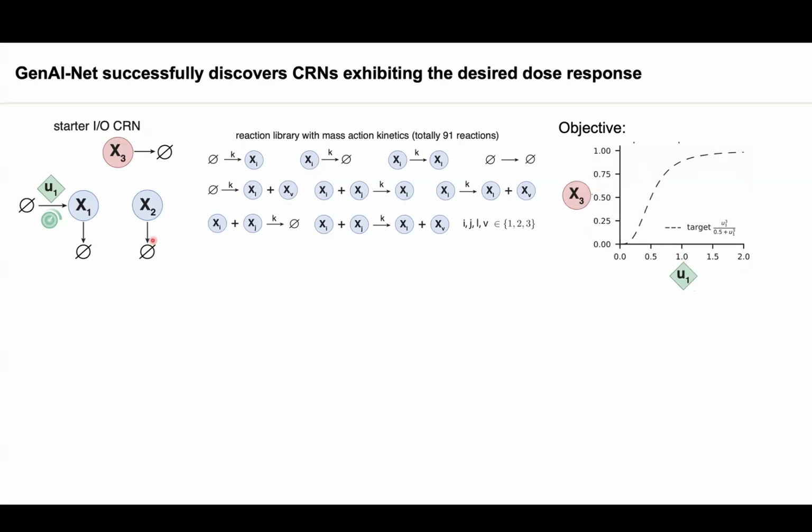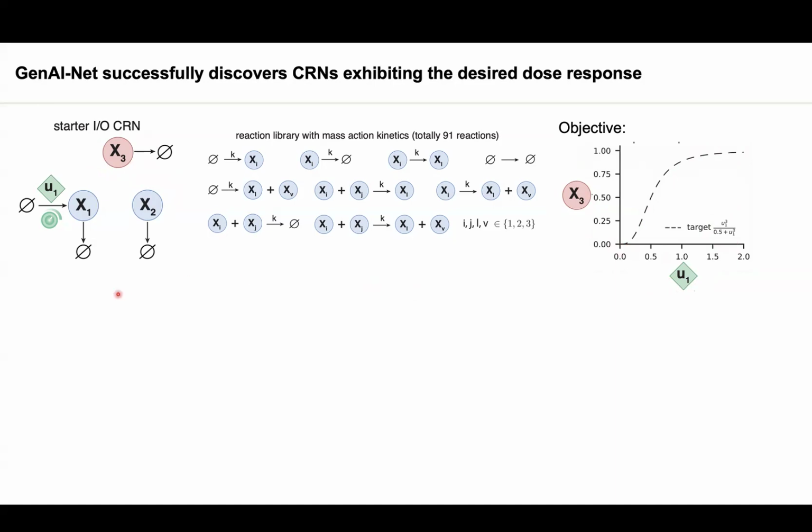In this theorem, we have one input, and from this input signal, the amount of X3 will be changed. What we want is, depending on this input, for this output to change following this curve, which is the hill function.